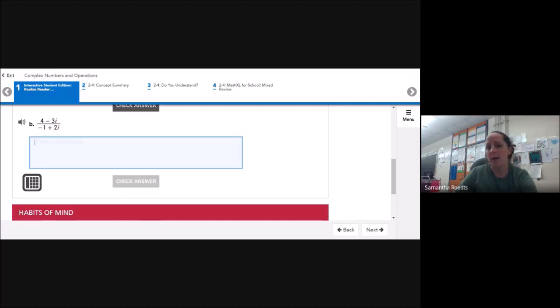For B, 4 minus 3i over negative 1 plus 2i. So negative 1 plus 2i, its complex conjugate is negative 1 minus 2i. So I need to multiply through 4 minus 3i over negative 1 plus 2i, and I'm going to multiply it by its complex conjugate.